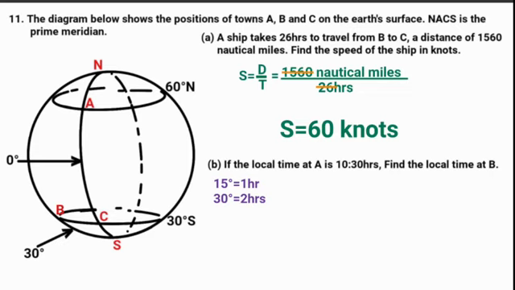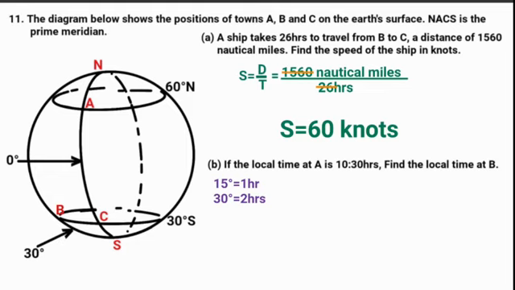If a town is on 0 degrees and the other is on 15 degrees, depending on the side, if it's on the left side, it will be lower by 1 hour, and on the right side, it will be higher by 1 hour. We are saying that B is on the left side of A. That means town B is behind by 2 hours from town A, or town A is ahead by 2 hours of the time at B.